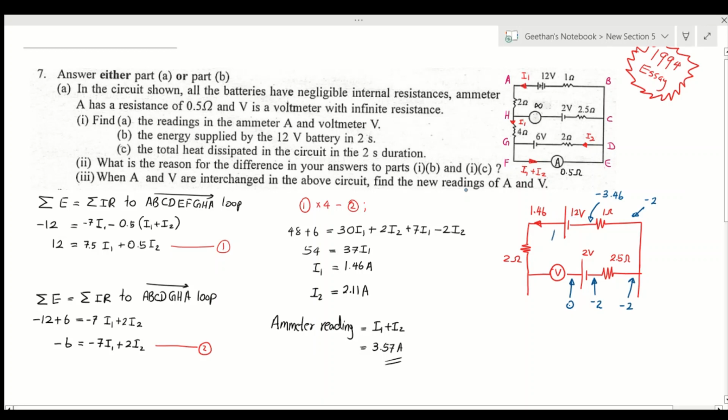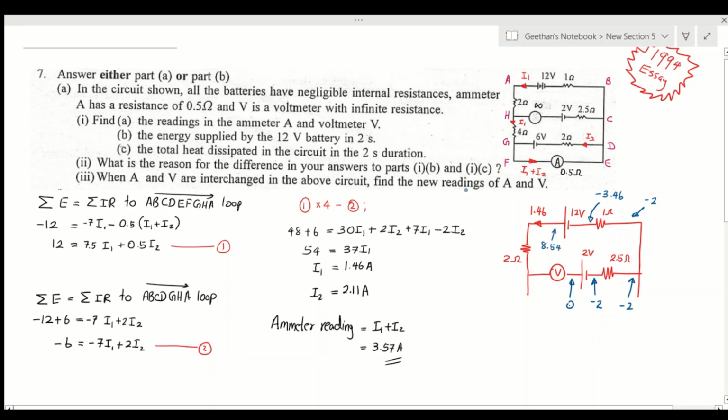So what we get is minus 3.46 plus 12. Let's see how much that value is. That is 8.54.